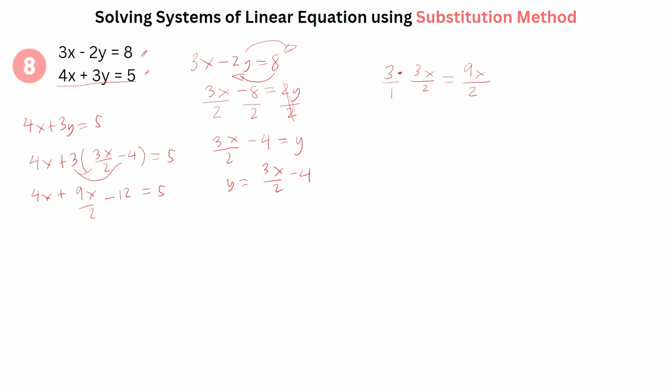So what we can do is multiply everything now with 2. This is the rule when you just have one denominator. So what will happen now? So 2 times 4x, what's that? 2 times 4x, what's that?